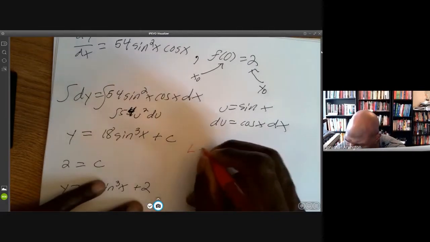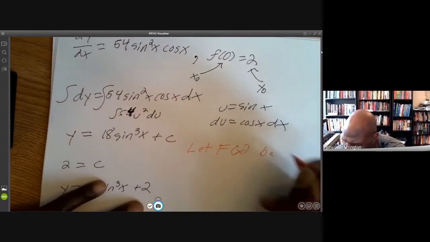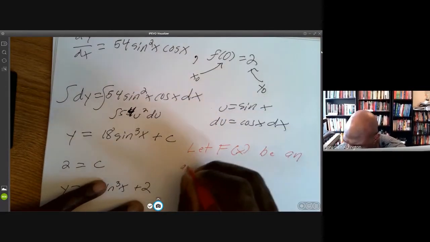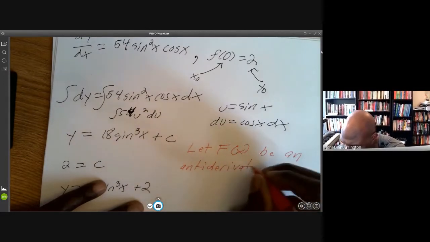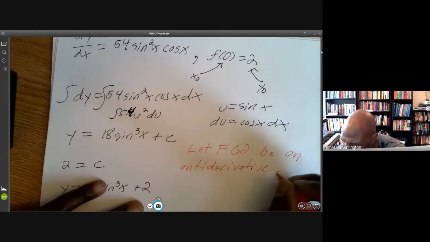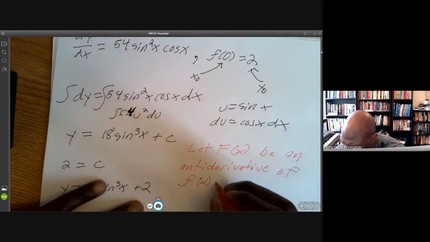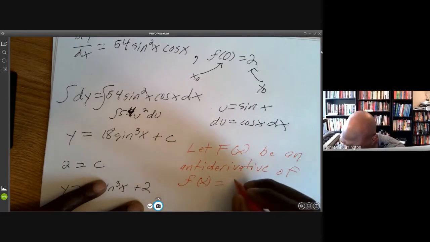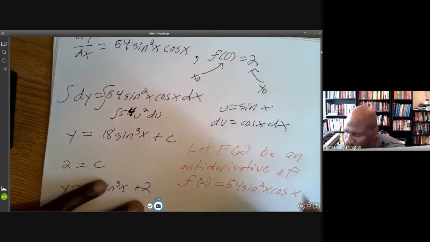So let's say I let big F be an antiderivative of f, where f in this case is 54 sine squared x cosine x.